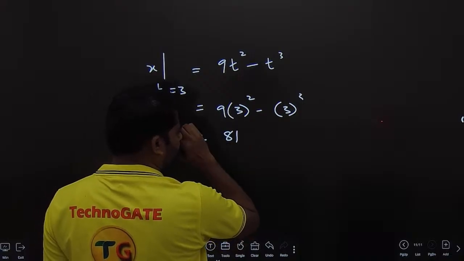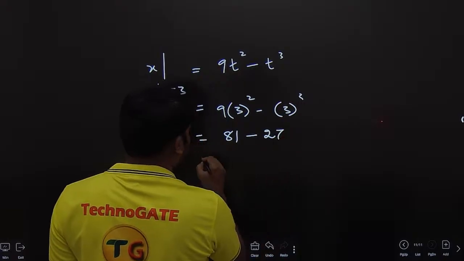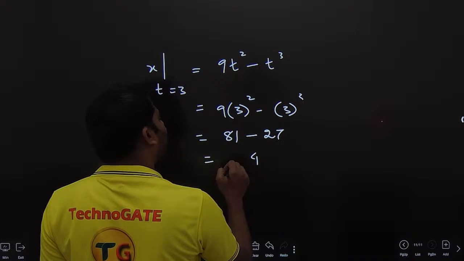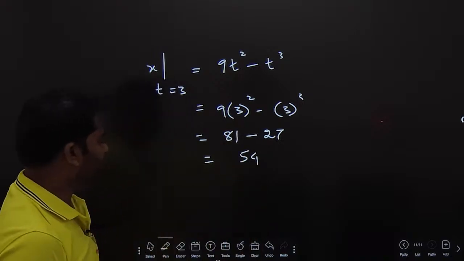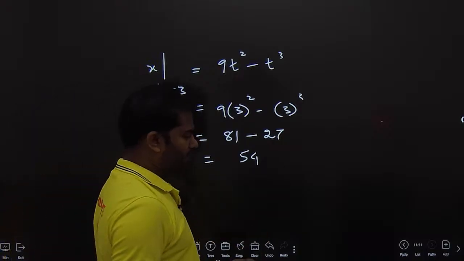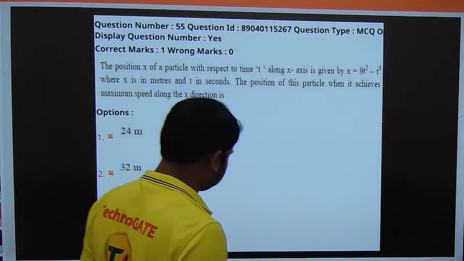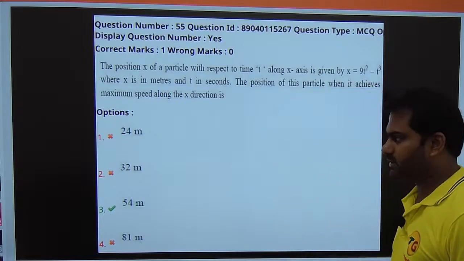Minus 3 power 3 which is 27. If you simplify this, we get 54 meters, or basically the position is 54. If you see the options, yes, there is an answer and it is matching as well. So 54 is the answer for this question.